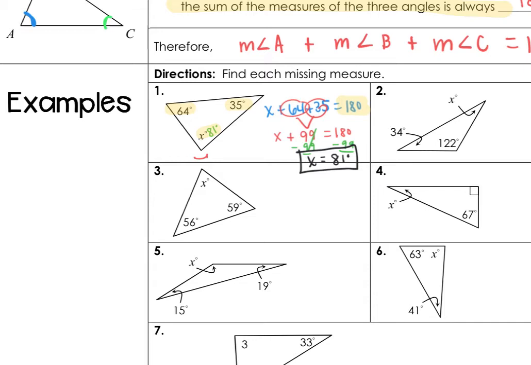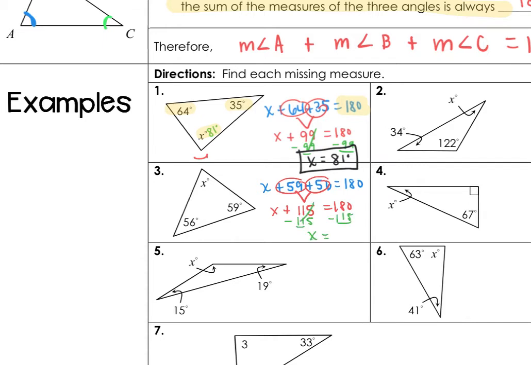Number 3, we're going to write x plus 59 plus 56. Again, this is addition, which is commutative. The commutative property says you can add in any order. So the order of those numbers does not matter. We are going to set it equal to 180, combine the constants, and solve for x.